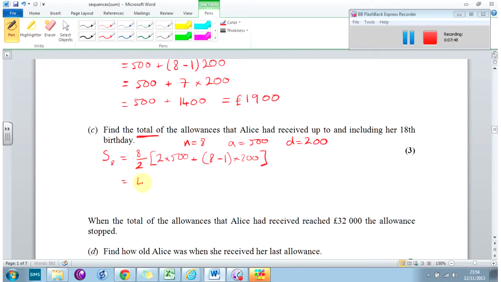Which is 4, and then inside the brackets goes 1000 plus 7 times 200. So we've got 4, and then 1000 plus 1400, which is 4 times 2400, which is 9600.